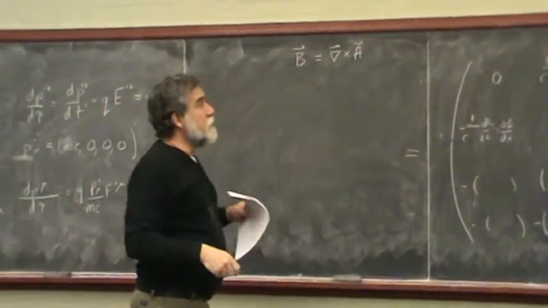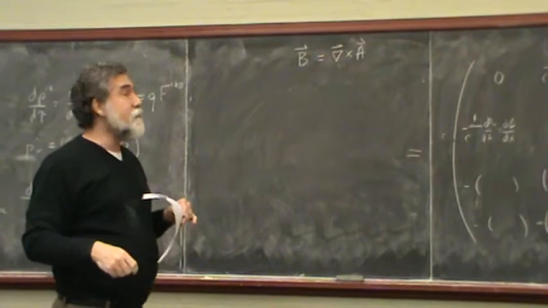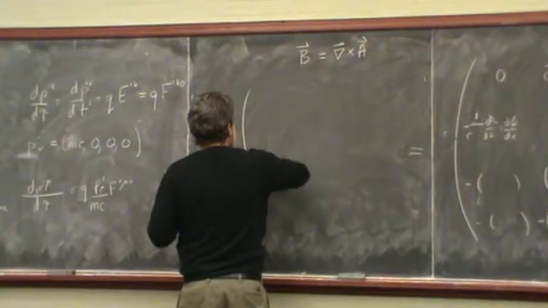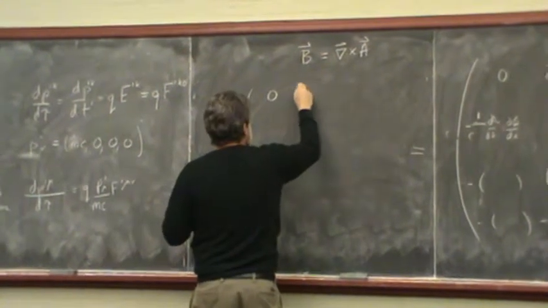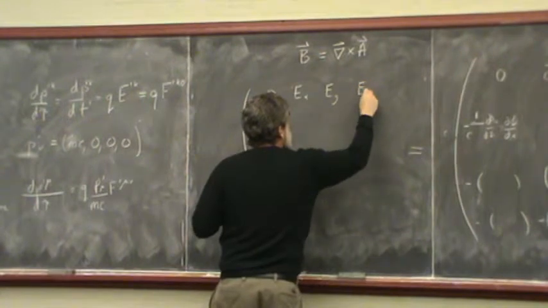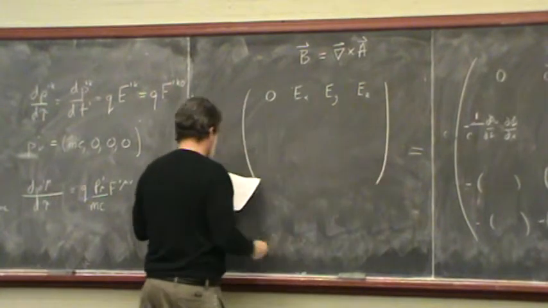Some of those terms we can identify directly from the wave equation, right? And that yields 0, Ex, Ey, Ez electric fields, right?